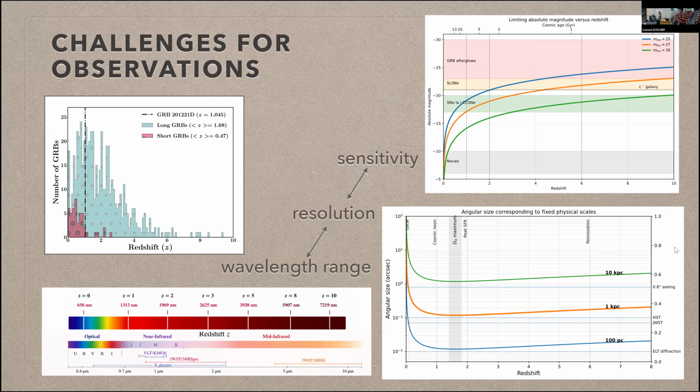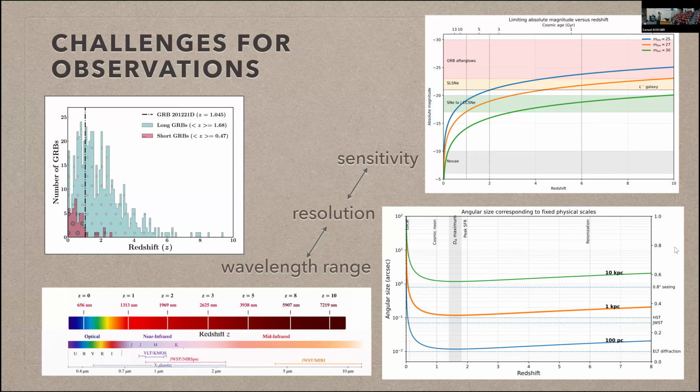So we always struggle with the sensitivity that we can reach with our instruments. Of course, that has been improving with time, but you see here curves of different limiting magnitudes, and you very quickly run into problems actually detecting your host, or even if you do spectroscopy, those limits go down. You have to look more at the lowest limit.